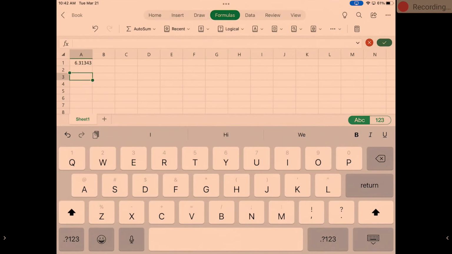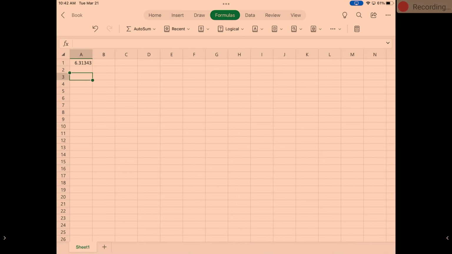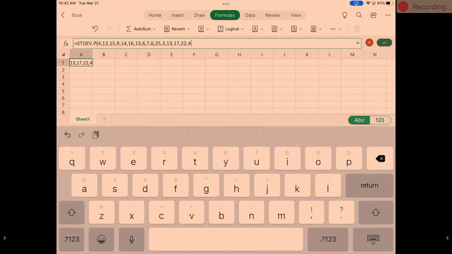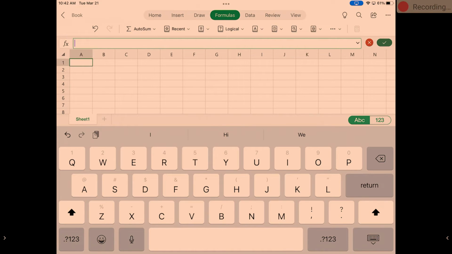Now, I'm already in Excel. I already have a new worksheet. Actually, I'm on the worksheet I used last time. We're doing the standard thing. Okay, so we're doing a different one now.